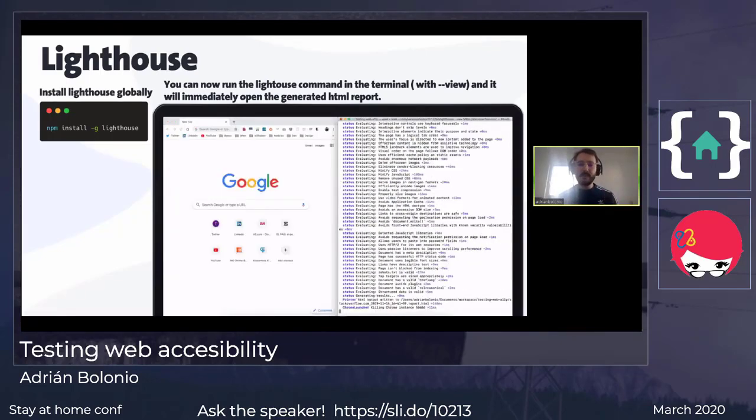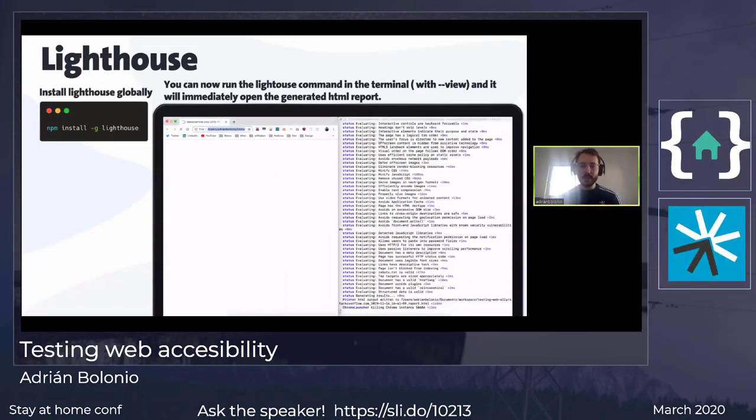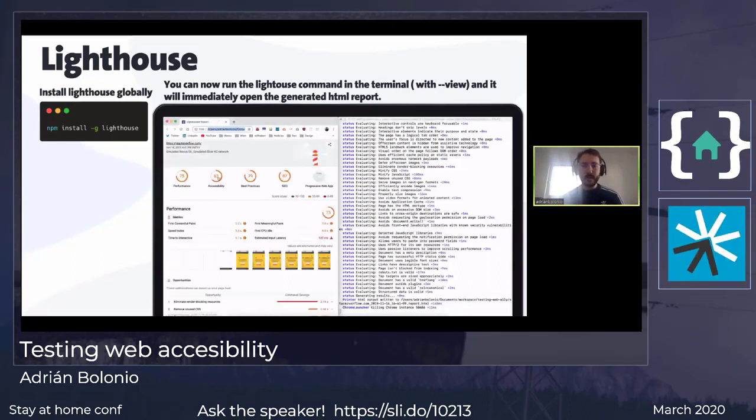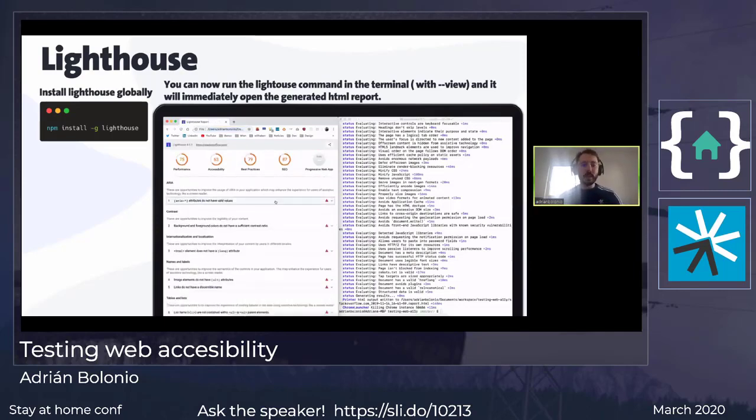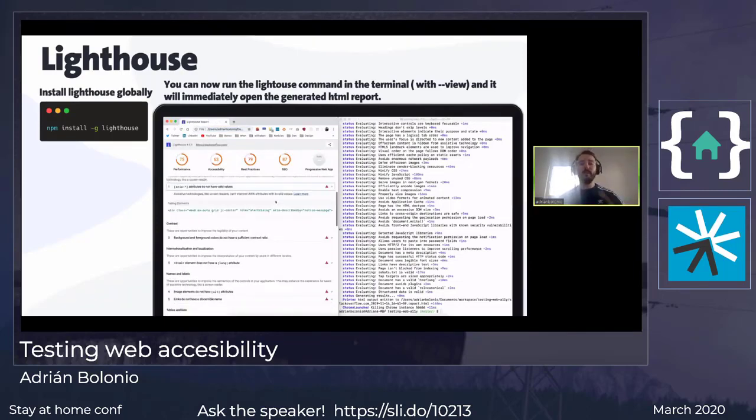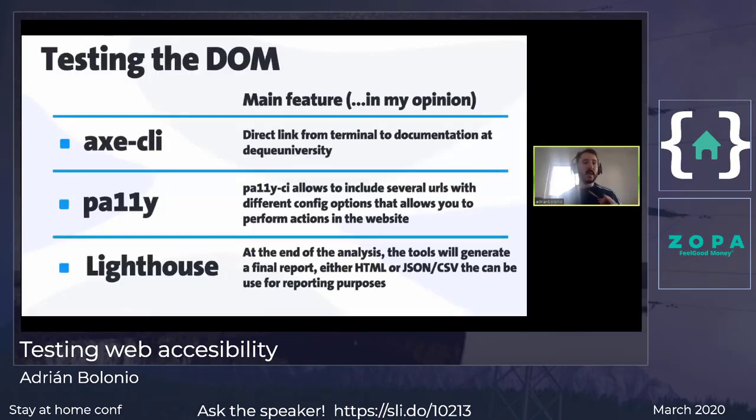And it's going to give you an HTML report, so you can click around and see where the issues are, what the issues are, and how to solve them. They will give you some information about how to solve them, as well as some links to the official documentation by Google on accessibility and how to solve those issues. So those are the 3 tools that I used for testing the whole DOM.